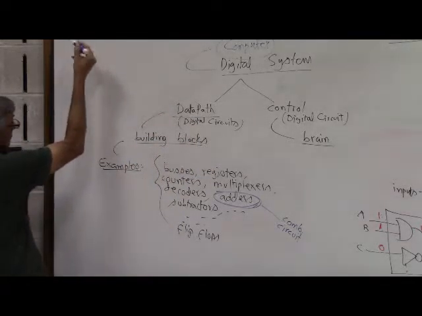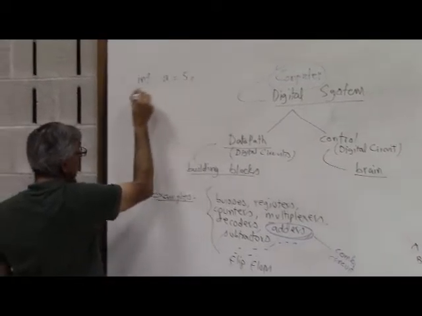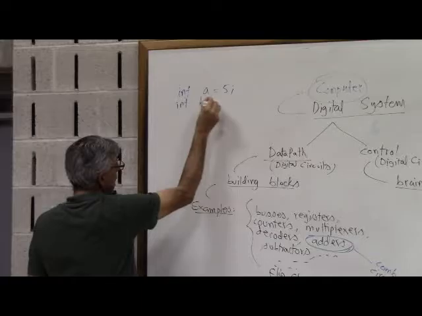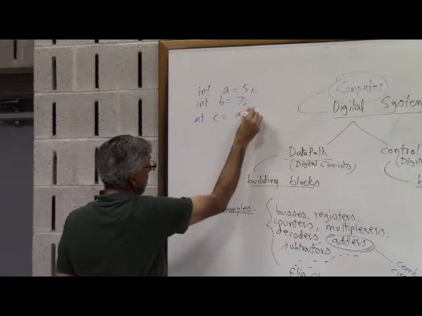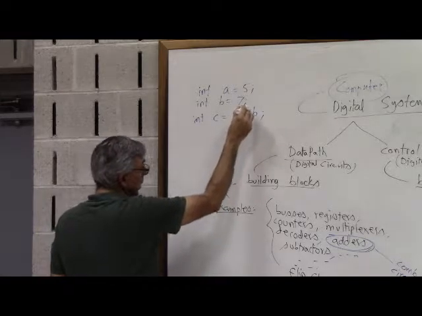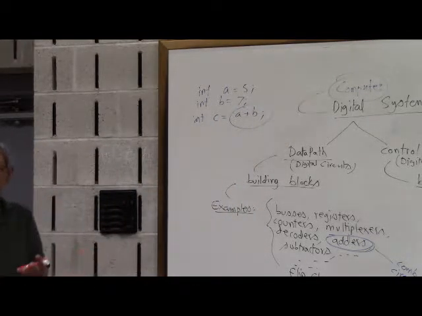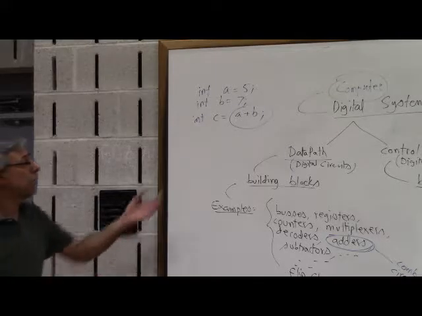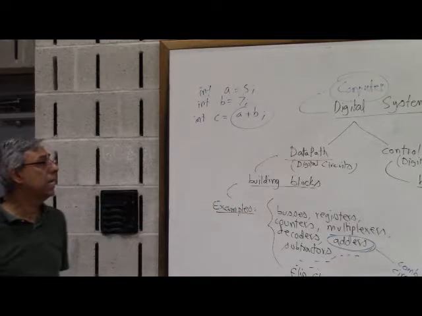Anytime you write, let's say, a C or a Java program, you say int a equal to 5, int b equal to 7, int c equal to a plus b, right? Remember, this has to be translated to some addition in the hardware. So which part will do the addition? The adder will do the addition.